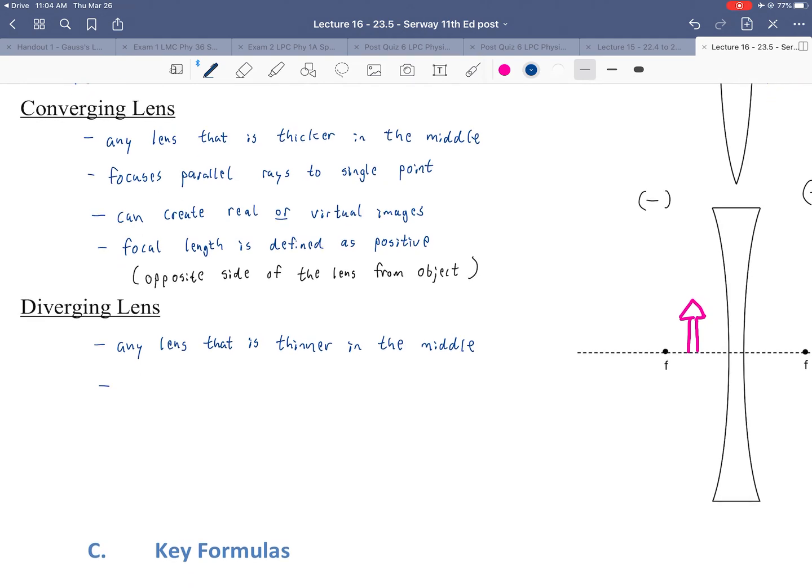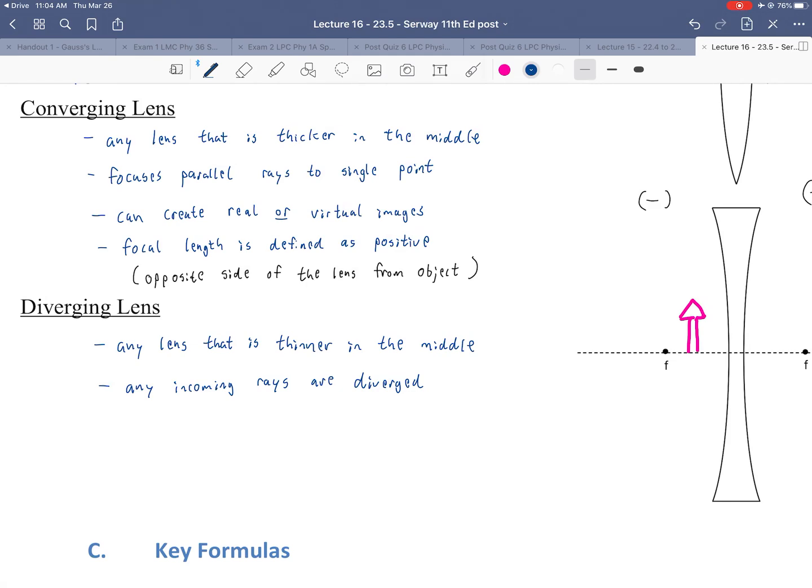All right, so parallel rays are caused to diverge. So really any incoming rays are going to be diverged. And by diverged, I mean they're just sent off in directions where they will never cross.